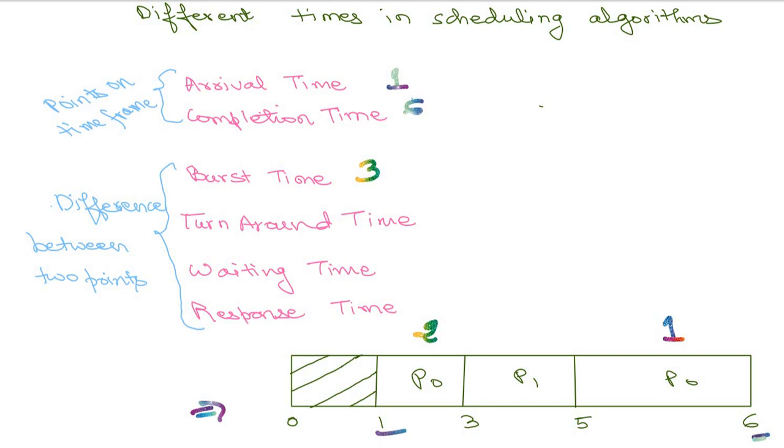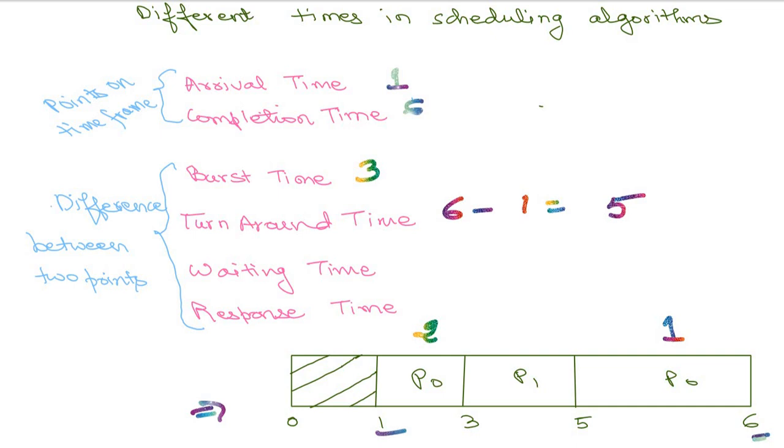Now what is turnaround time? Turnaround time is basically the time difference between the completion time and arrival time. That's the time that it entered the CPU and the time that it exited. So basically the time difference between these. Here what we get would be 6 minus 1 is equal to 5. Now waiting time. Waiting time is the time that the process had to wait after it entered the CPU.